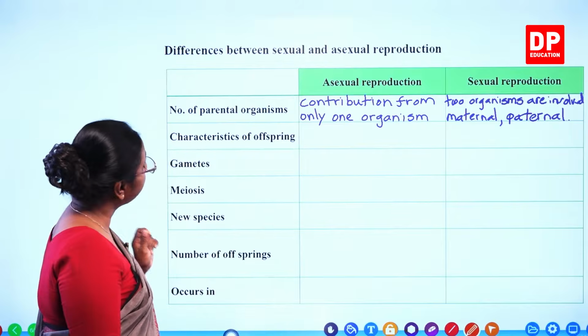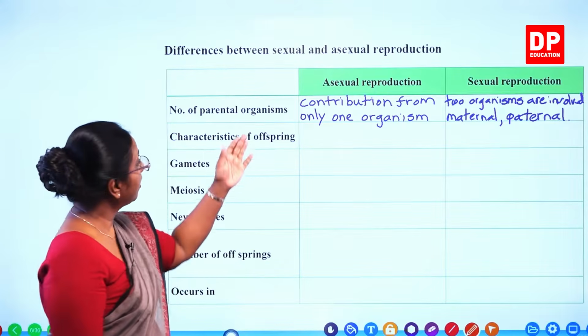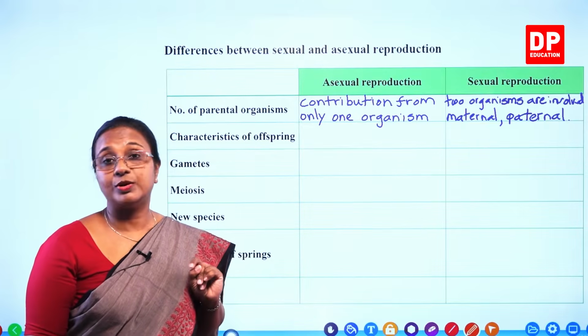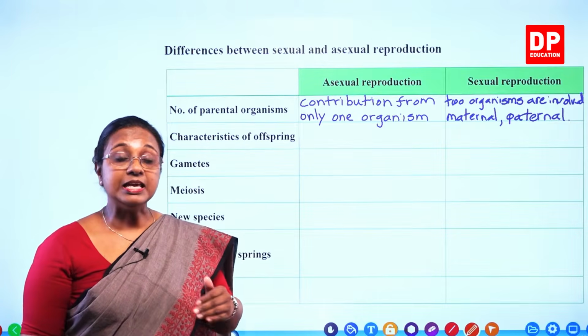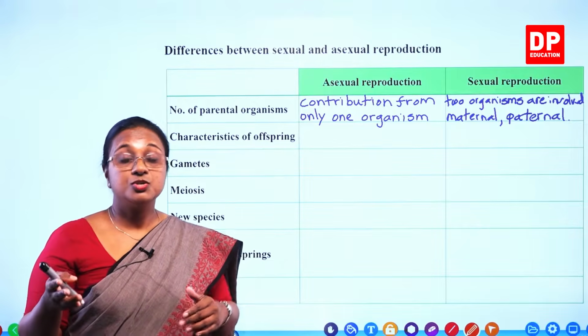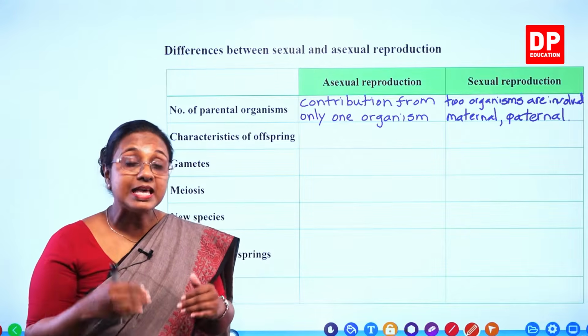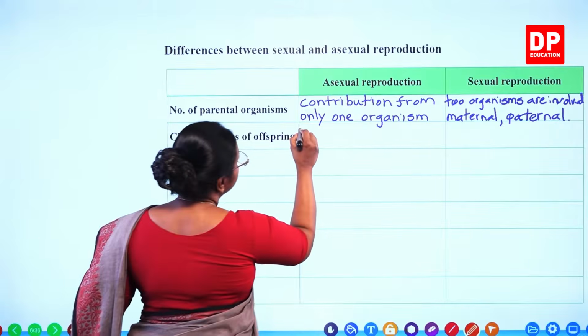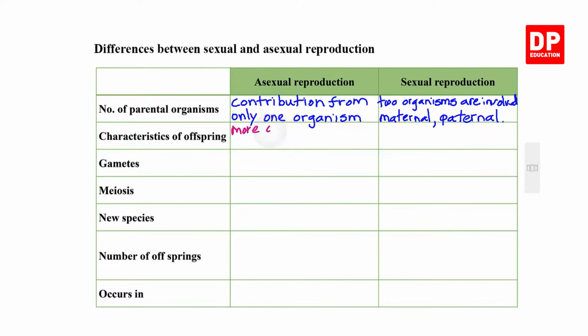Then, if we look at the characteristics of offspring. Here there is only one parental organism in asexual reproduction, so obviously the offspring will resemble the parental organism. They will be more or less the same as the parental organism. So, characteristics of offspring are more or less similar to the parental organism.